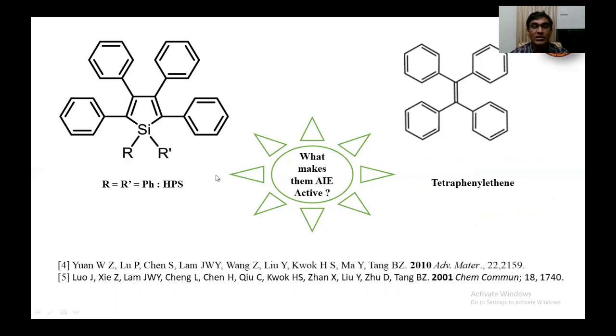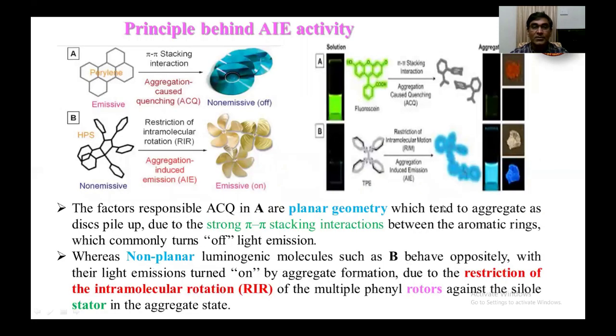So what makes these molecules AIE active? The principle behind AIE activity is that perylene is a condensed aromatic system, emissive in its solution state, but becomes non-emissive, or the emission quenches, when it gets aggregated in its solid state because of pi stacking.